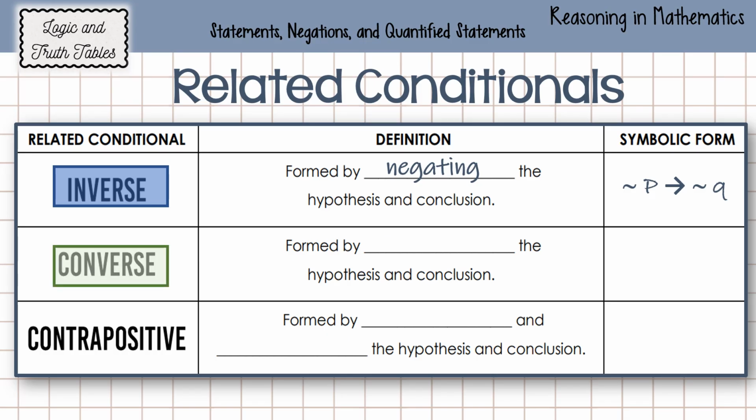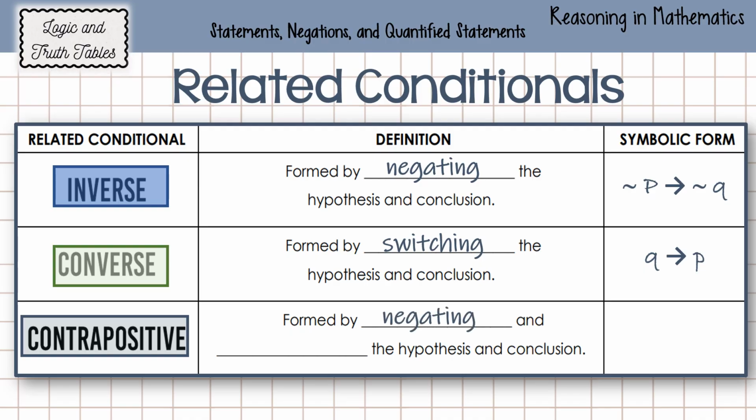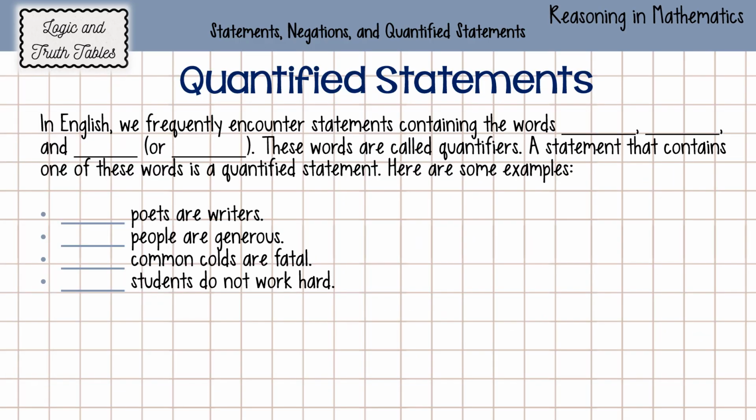Converse is formed by switching the hypothesis and conclusion. So Q implies P. Contrapositive is formed by negating and switching the hypothesis and conclusion. So that's not Q implies not P. We'll be doing more with those later.